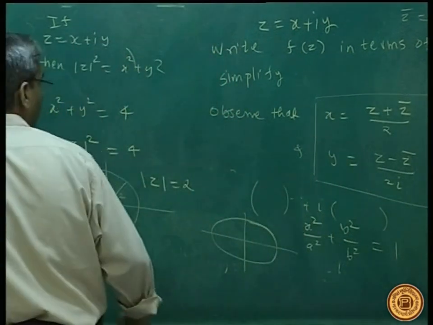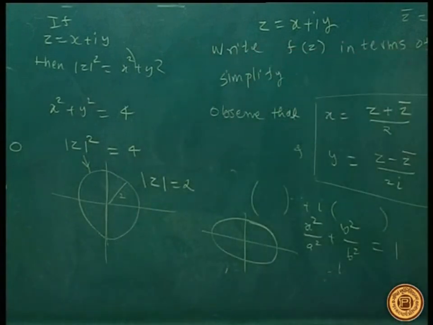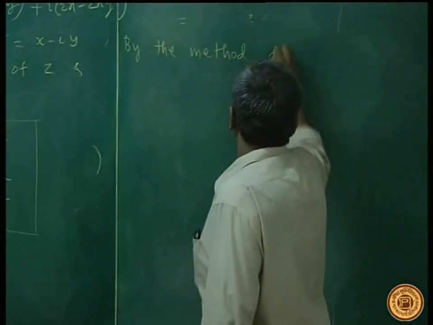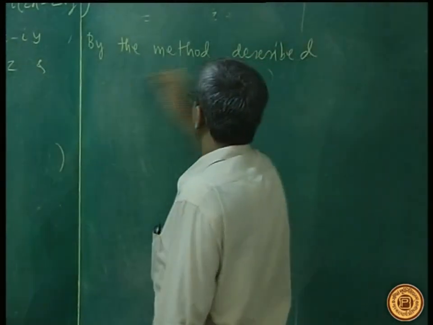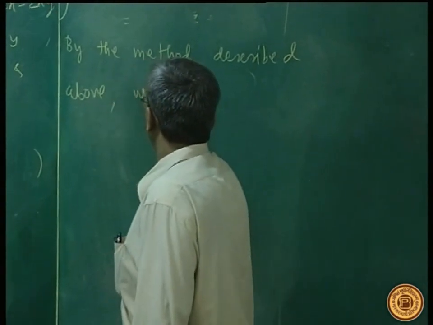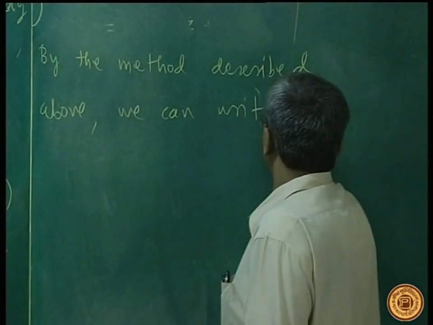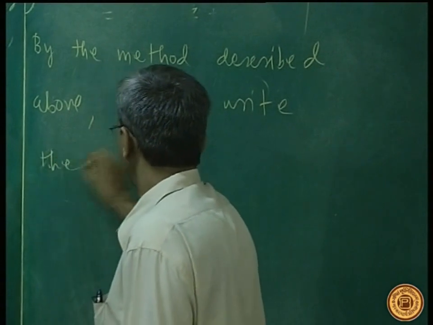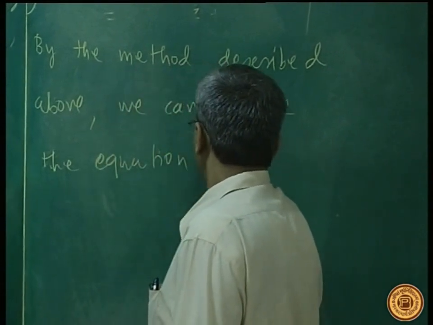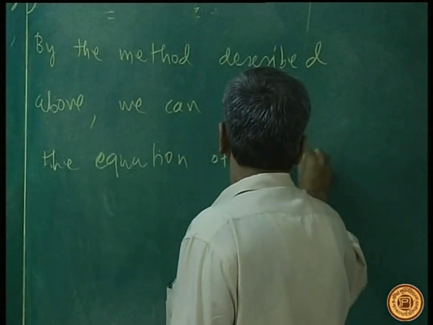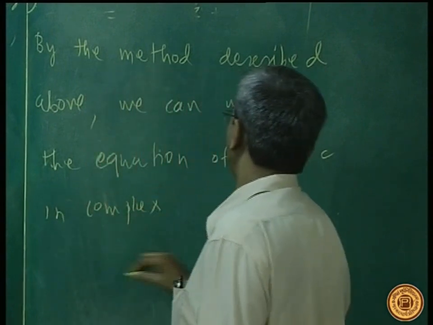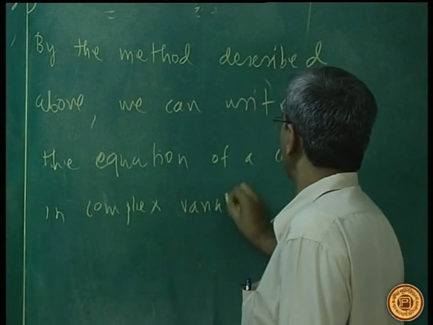Okay. So let me make a general statement like this, that is, by the method described above, we can write the equation of a conic in complex variable notation.